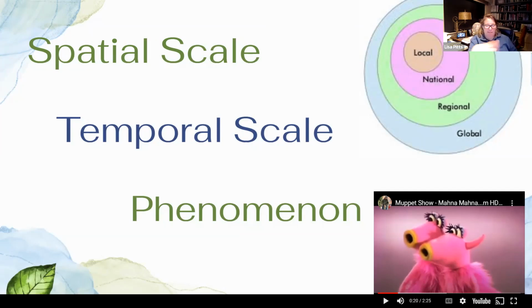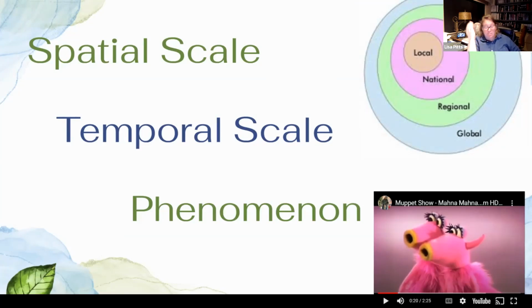So, and I've kind of mentioned a local scale, a regional scale, a national scale, right? For example, water pollution can occur at a small scale and just impact like a little creek. Or that creek could lead to a larger body of water and become more of a regional problem, right? So spatial scale refers to the area, or what we call spatial extent, that we are analyzing and understanding.